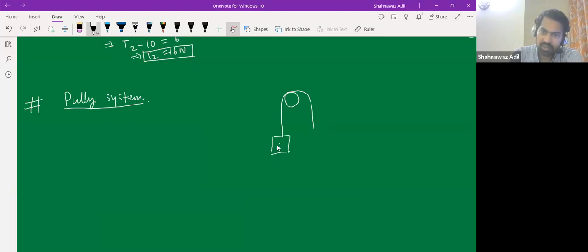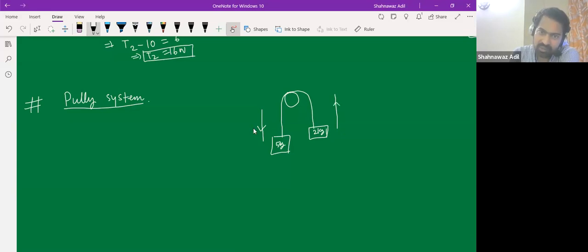Let's say this is 5 kg and this is 2 kg. What will happen to this system? Our 5 kg will go down. Absolutely right. 5 kg will go down and 2 kg will move up.